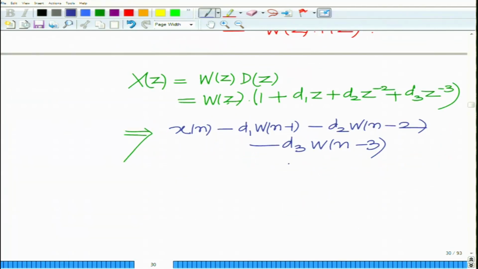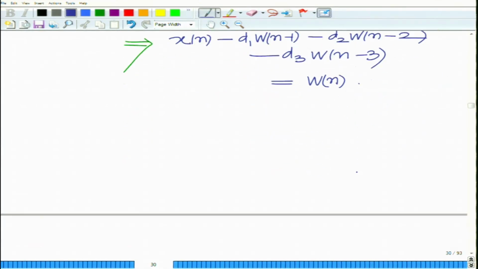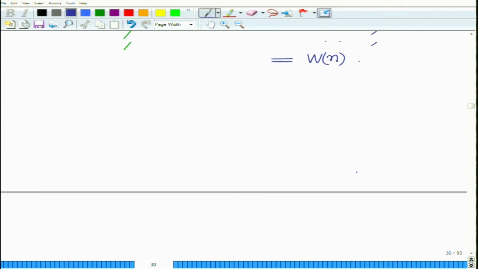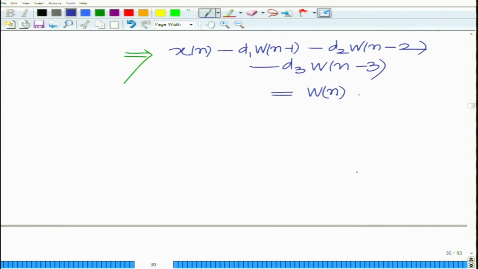This quantity equals w(n). So, we have developed this relation, and this is the first stage of the cascade.